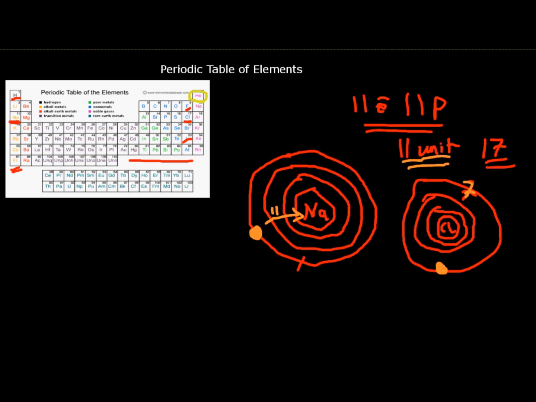Meanwhile, in chlorine, since it is 17 units, the force with which the electron gets pulled is much greater. So if you want to break this bond and free this electron, which means ionize this atom, what you have to do is supply energy to the atom. You have to supply energy and not release energy from the atom.